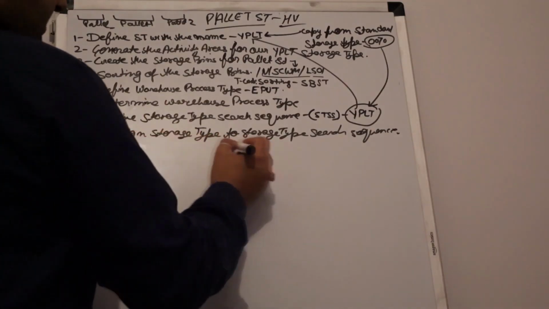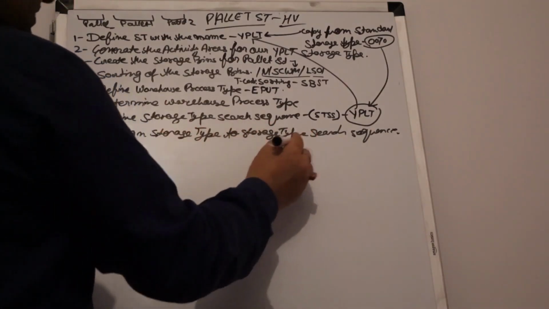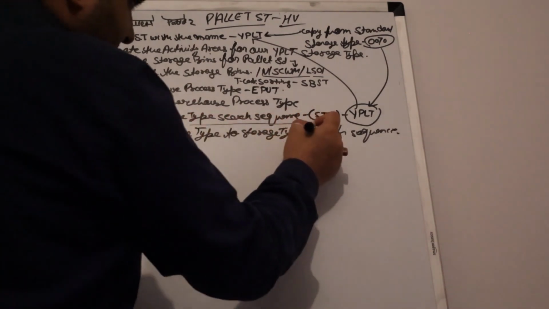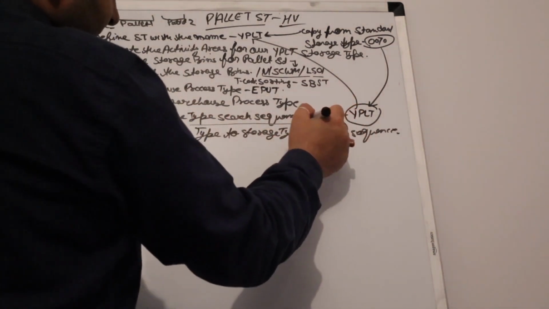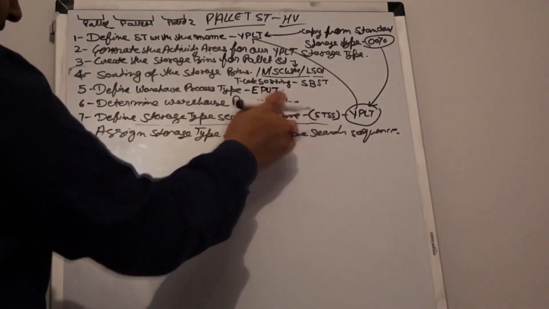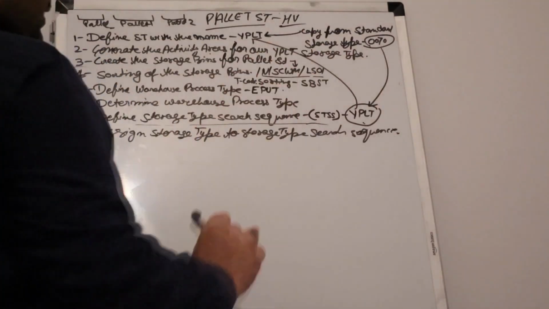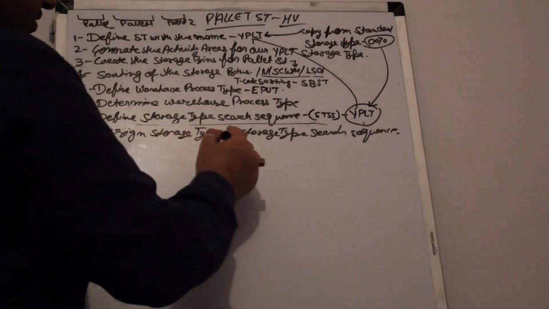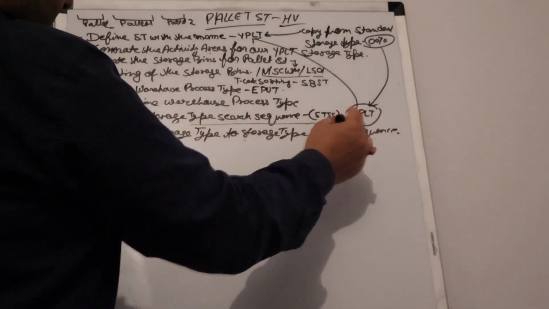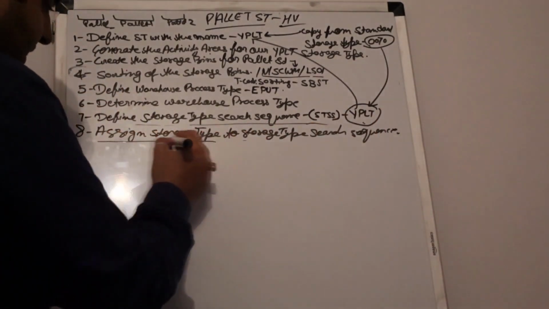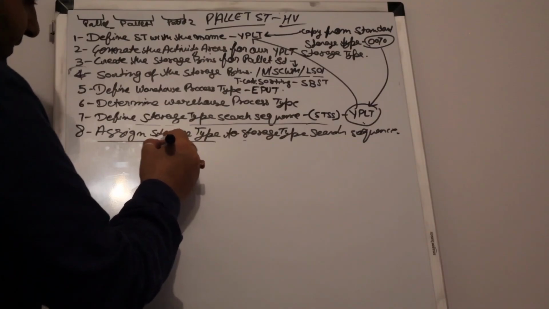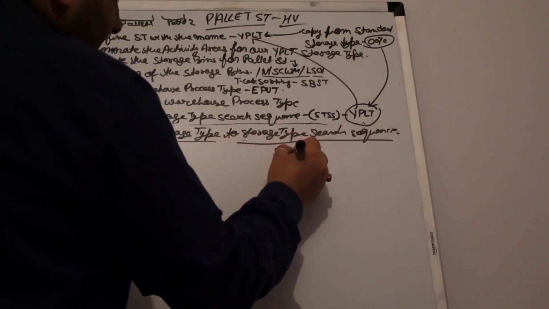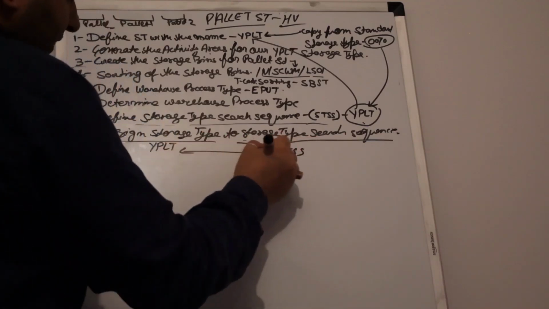We need to assign this storage type to the storage type search sequence. So why do we define the storage type search sequence? For our YPLT storage type. When we assign the storage type to the storage type search sequence, I am going to link between PLT and the storage type search sequence. Both will be linked together.